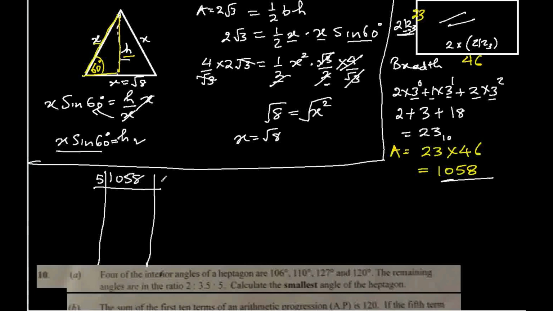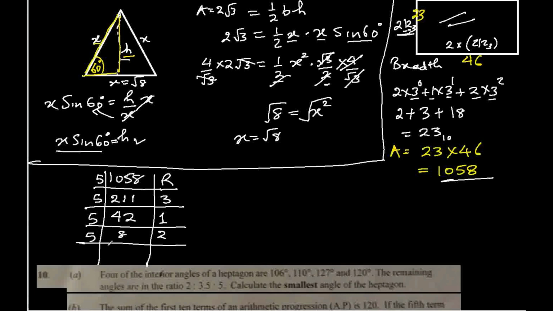We'll write remainders here. 5 times 2 is 10, times 1 is 5, so it will be remainder 3. Next, again, we divide by 5. 5 times 4 is 20, times 2 is 10, remainder is 1. 5 times 8 is 40, remainder is 2.